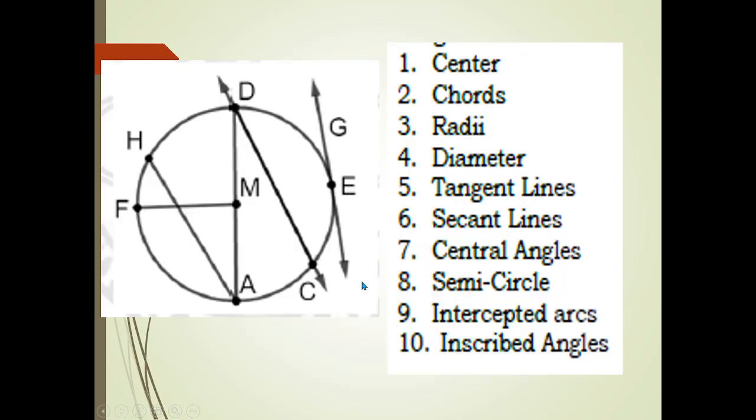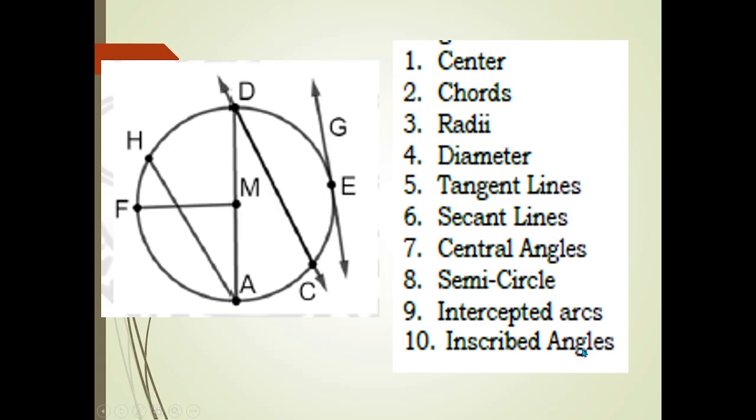So in your learning task 1, you're asked to give the following using the figure at the left. Did you able to answer this part? You check your own work and let's find out if you got this correctly. So these are the answers.